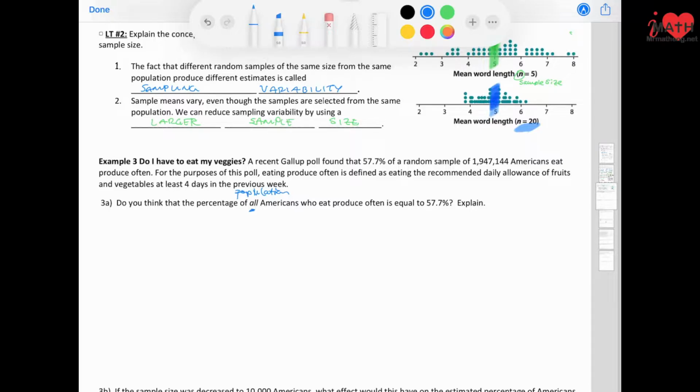Do you think that happens every time? Like every person I ask in this stats class or in my neighborhood, are they always going to say 57.7%? Like that exact number? The answer is no. Because different random samples will produce different estimated percentages.